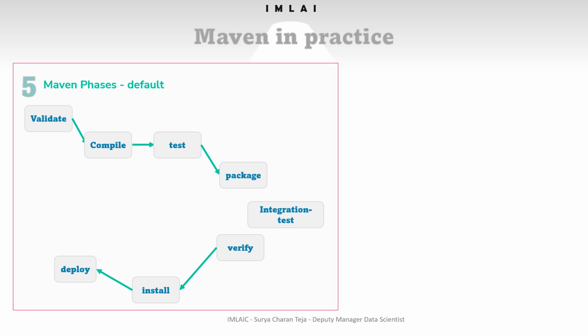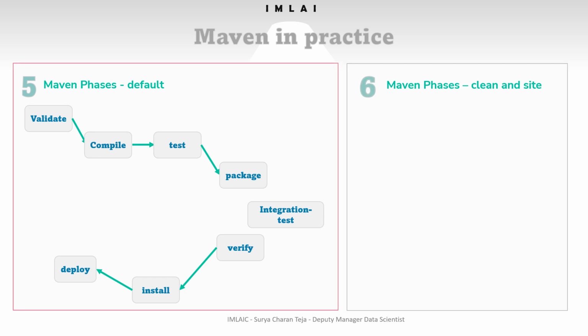There are two other Maven life cycles beyond the default list. One is clean, which cleans up artifacts created by prior builds, and the second one is site, which generates site documentation for this project.